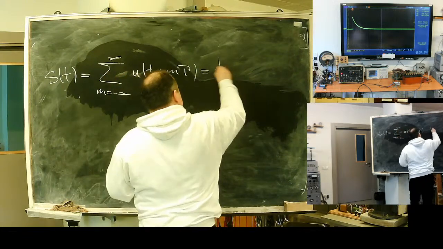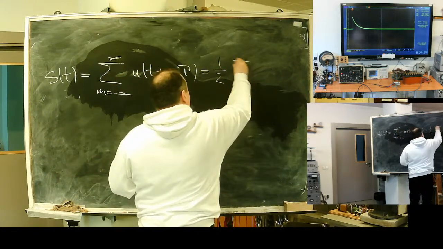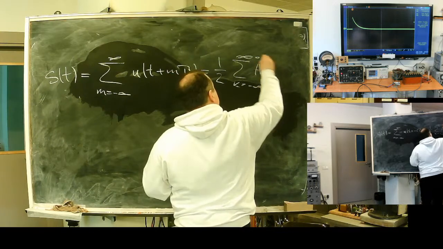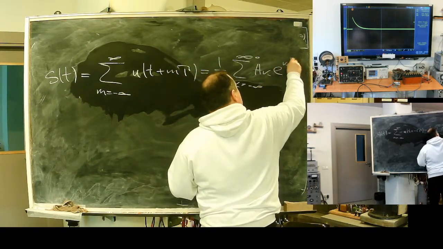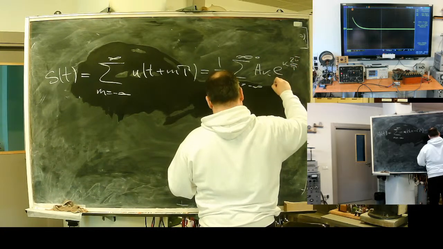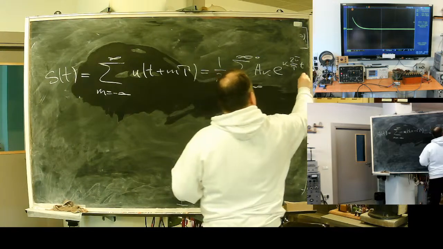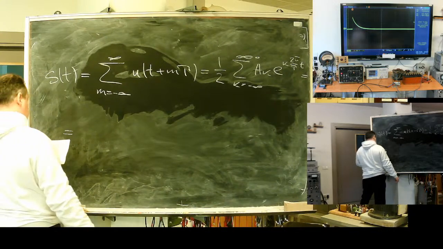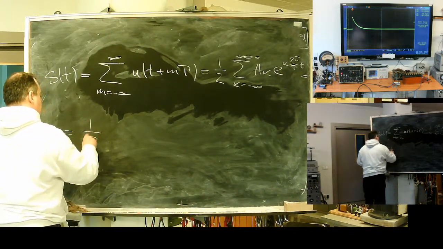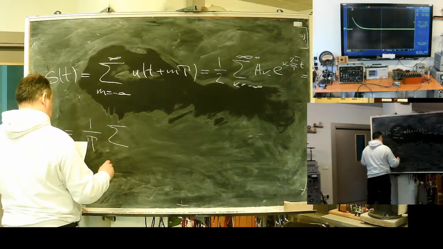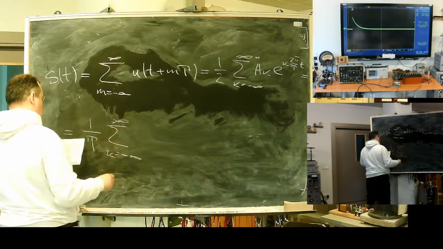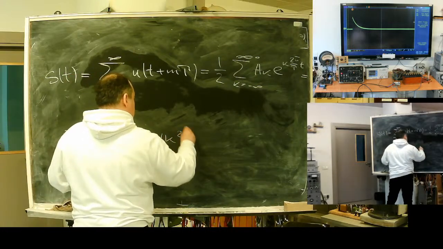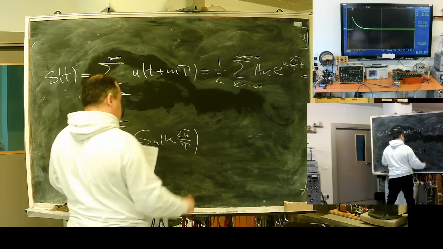This can be represented as a Fourier law, and it equals 1 divided by time, sum from minus infinity to infinity of spectral function taken at particular frequencies a power.